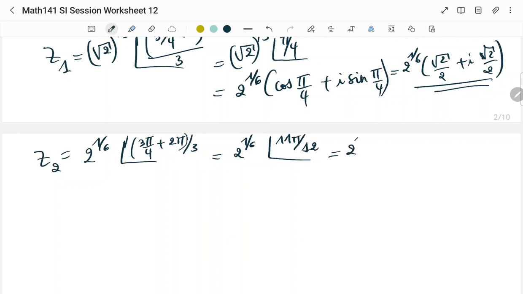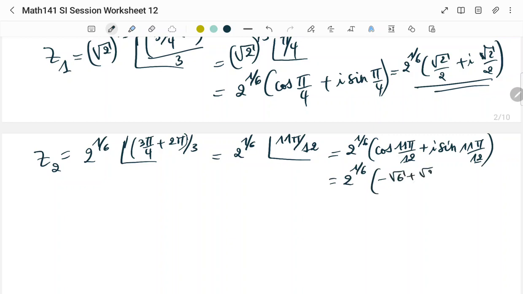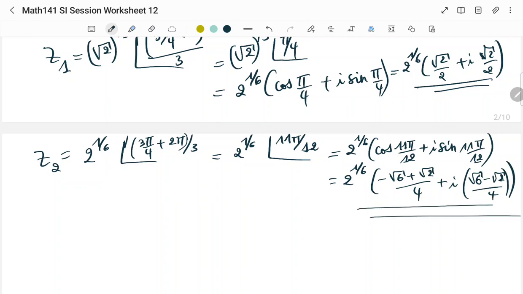And that is equal to 2 to the 1 over 6 multiplied into cos of 11 pi over 12 plus i sine of 11 pi over 12, which, if you evaluate, is 2 to the 1 over 6 multiplied into negative root 6 plus root 2 divided by 4 plus i multiplied into root 6 minus root 2 divided by 4. So that's our second root.